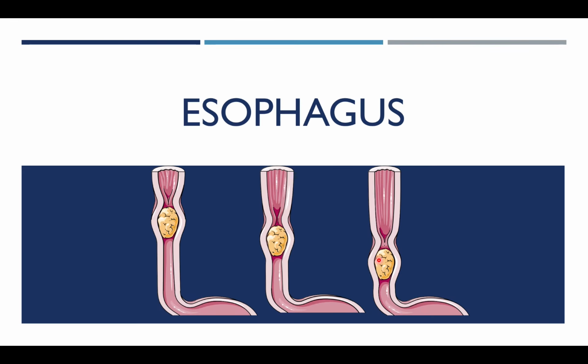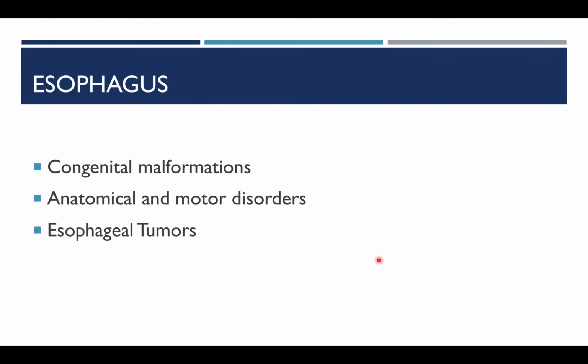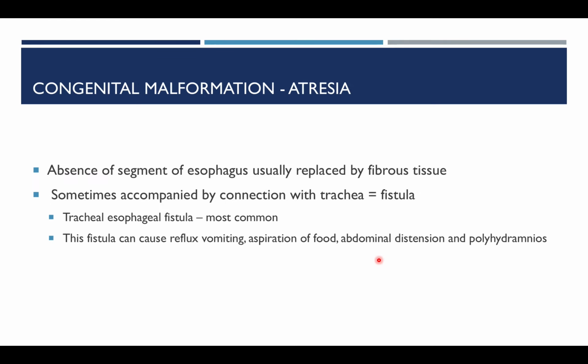So now that we have gone over the salivary gland, we can move on to the esophagus. Within this section, we will talk about congenital malformations of the esophagus, anatomical and motor disorders, as well as esophageal tumors. In terms of congenital malformations, we have many. Here we will talk about atresia.